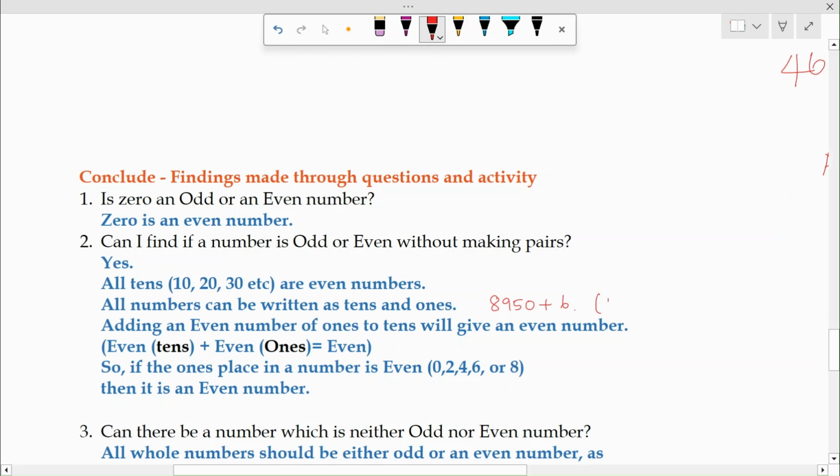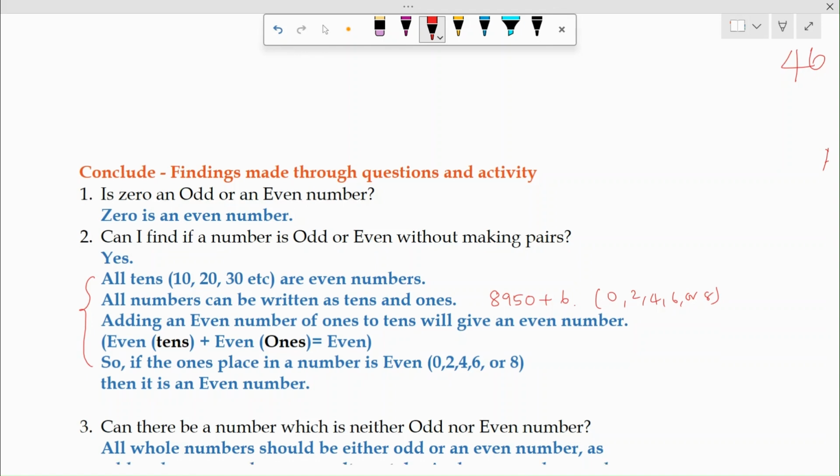So what are the even ones? It could be 0, 2, 4, 6, or 8. It will give me an even number. So this is the reasoning that can be provided exactly to say why we are checking only the ones place. And the main point is all tens are even numbers. Therefore, if I add any ones to it, based on the ones, I can easily check if it is an even or an odd. Yeah, interesting.